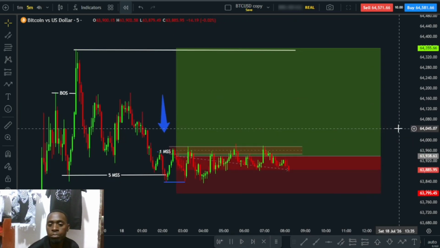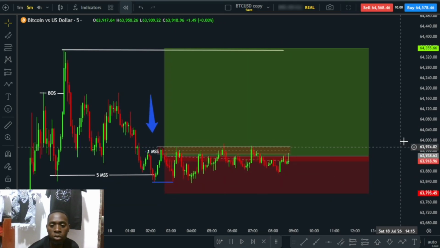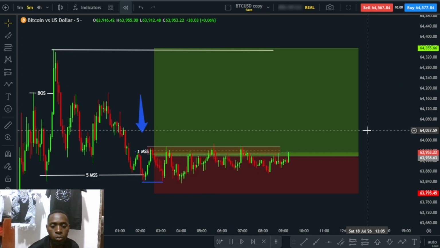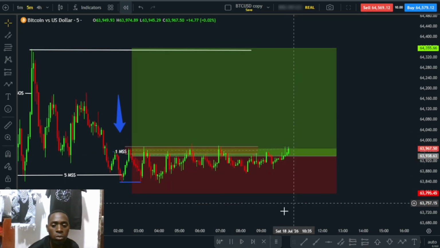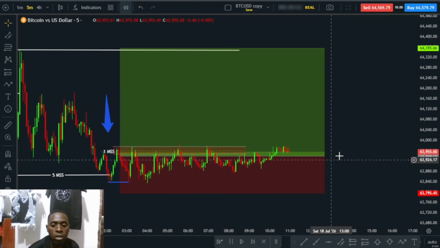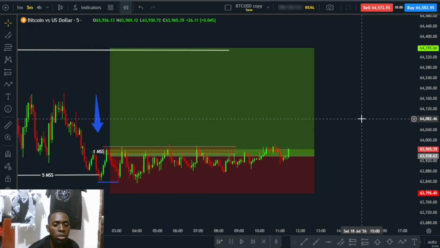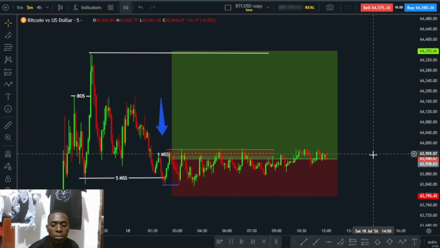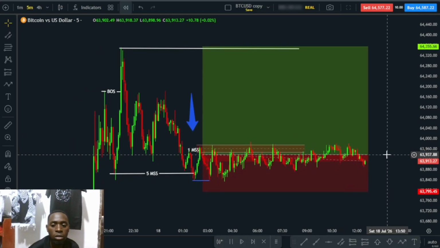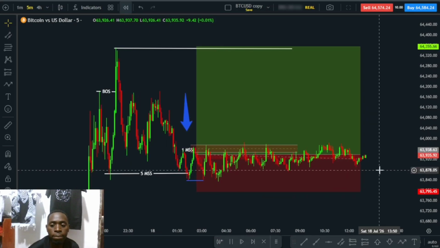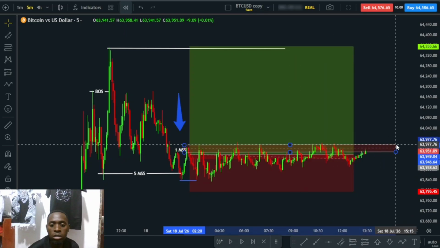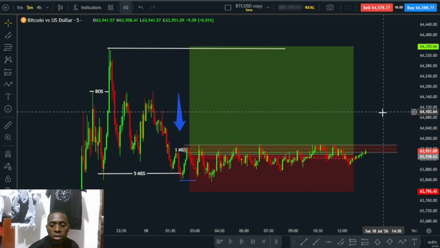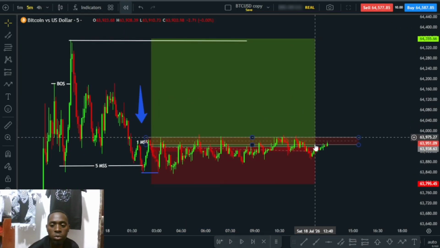Okay, the market had not got enough momentum to break through, and almost it was coming. Okay, still the resistance level was very strong.